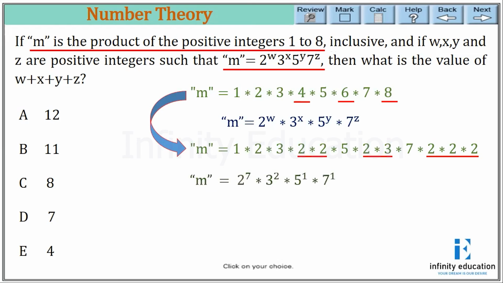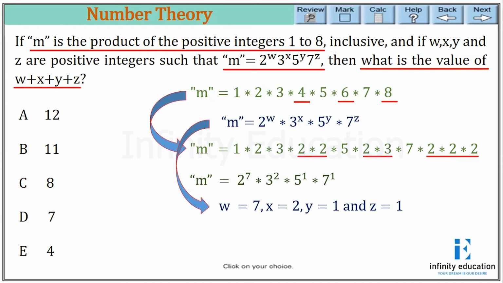Now I can rewrite this like this, because 2 I am getting 7 times, 3 I am getting 2 times, 5 I am getting once and 7 I am getting once. So now if I compare this with the last expression, I am getting W equals 7, X equals 2, Y equals 1 and Z equals 1.